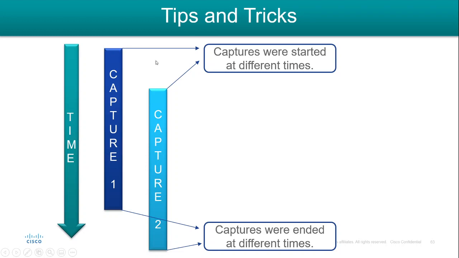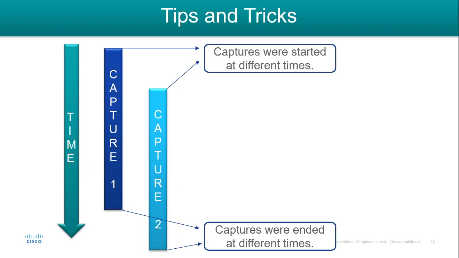Then they walk over or they log into the other device and they start the other capture. Then once both captures are started, even though they had slightly different starting times, then they do their test. So somewhere here in the middle was our transfer, and then at the bottom they say, okay, now the transfer is done. They stop one capture and then they take a couple seconds and stop the other. What we want for the easiest analysis is to make it so that the beginning and ending packet in both of these is the exact same thing.